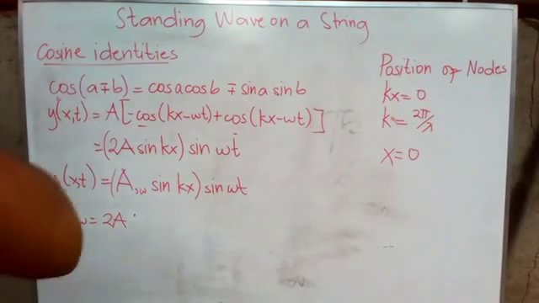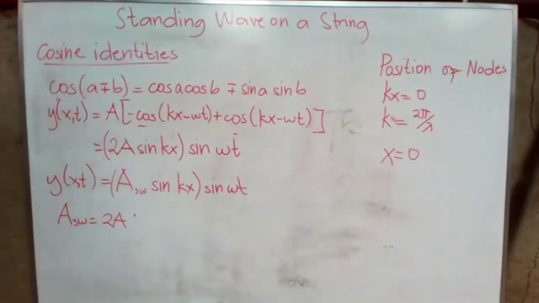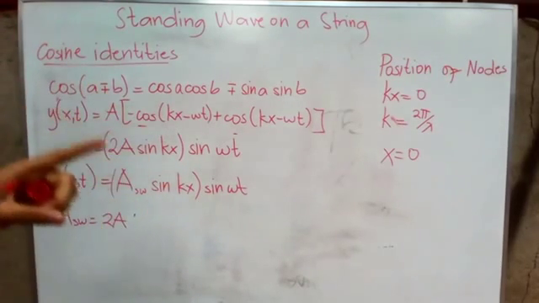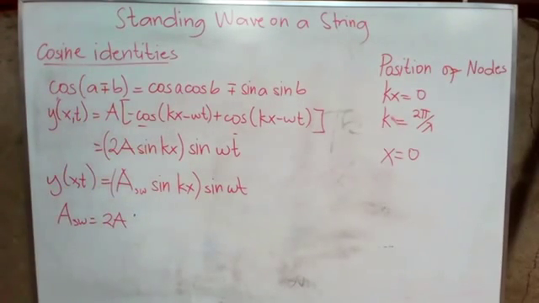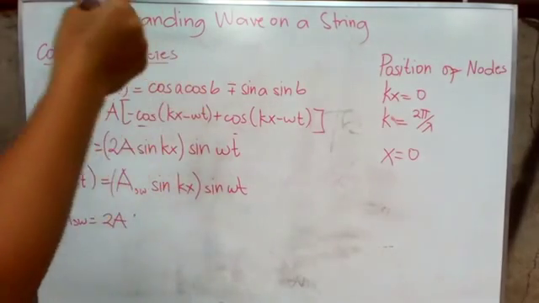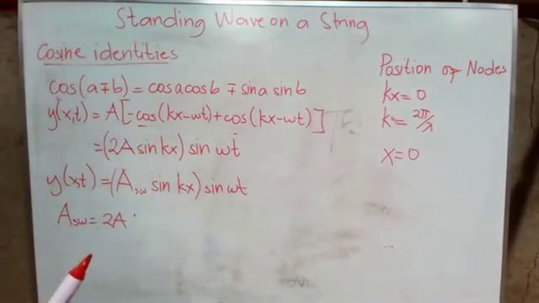We have 2a sine kx times sine omega t. Or we can rewrite it simply: y as a function of x and t is equal to the amplitude of the standing wave times sine kx times sine omega t. Remember that the amplitude of a standing wave is twice the amplitude of each wave.